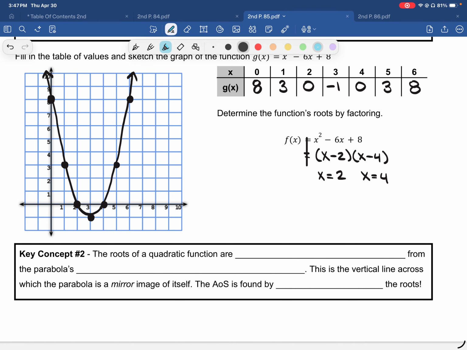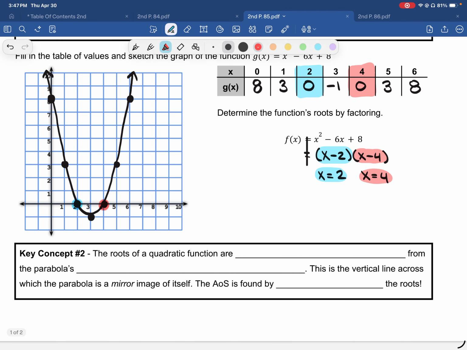Again, not too much of a surprise, a factor of x minus 2, I see it crossing the x-axis at 2, and I see the ordered pair 2, 0, which is why I have the answer x equals 2. The other factor, x minus 4, I see it crossing the x-axis at 4. I see it with the ordered pair 4, 0, so the other solution is 4.